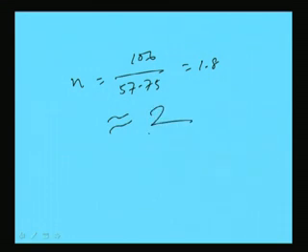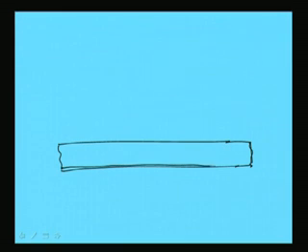So, we have to provide 2 rivets in member AD. If we draw the joint, how will it look as per the design? Say this is the bottom chord with 2 angles, 2 ISA 90 by 90 by 10.